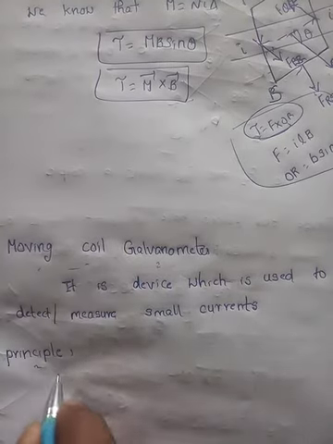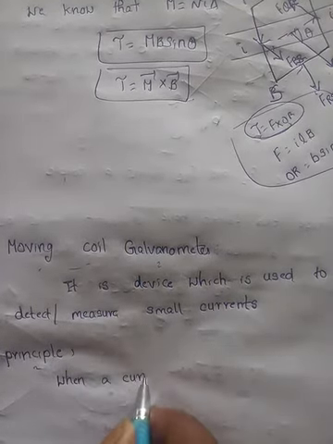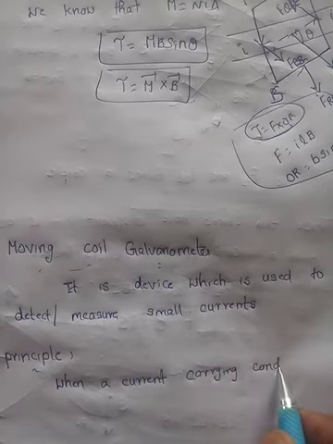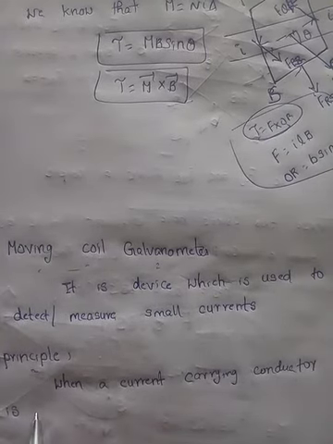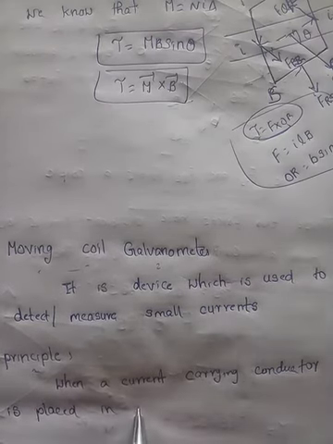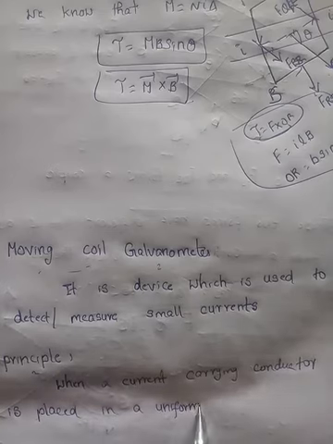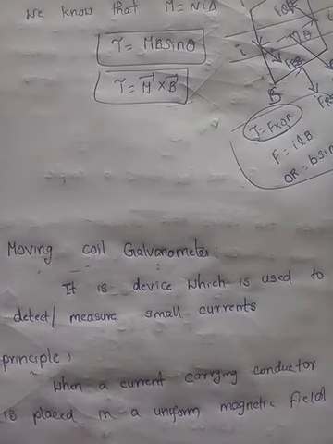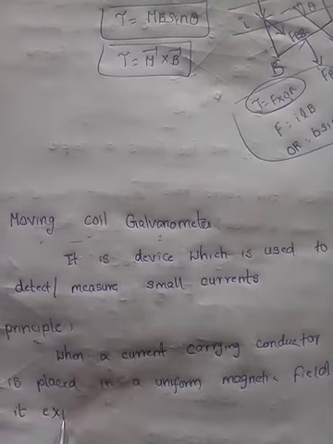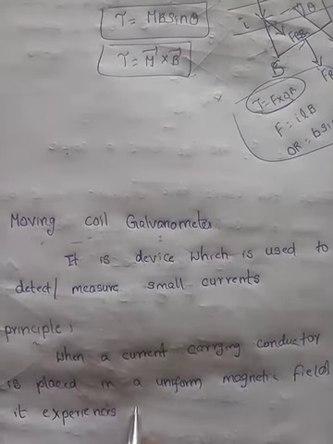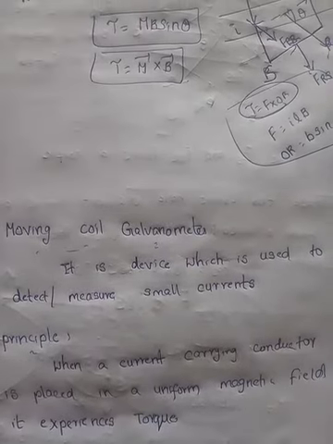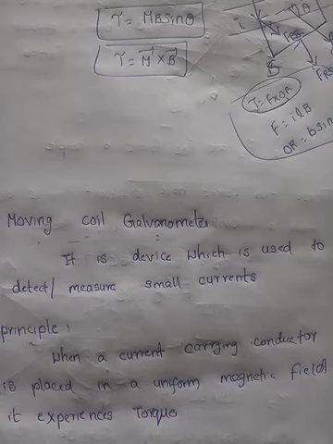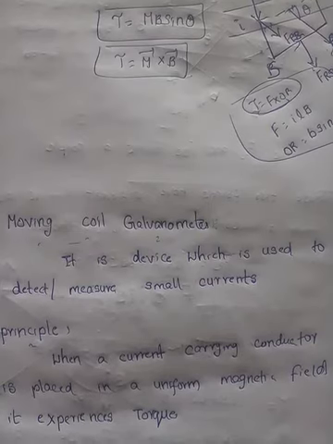That is the principle here: when a current carrying conductor is placed in a uniform magnetic field, it experiences torque. That is the concept. Okay, let us see how it works.